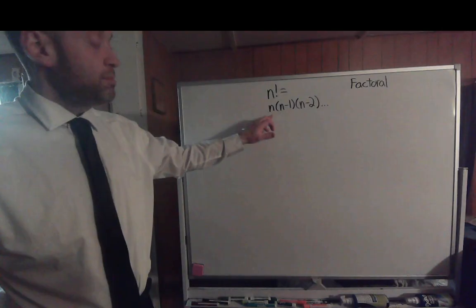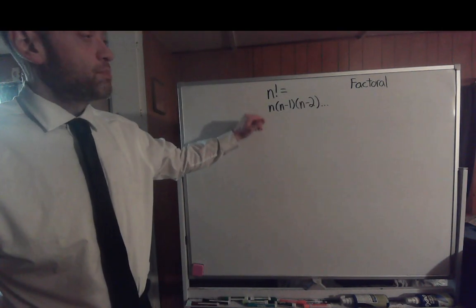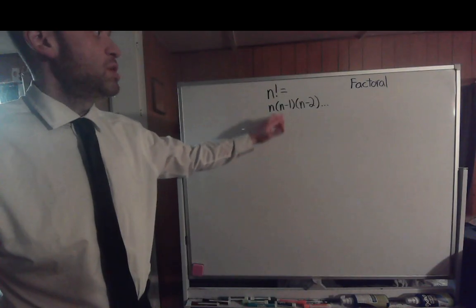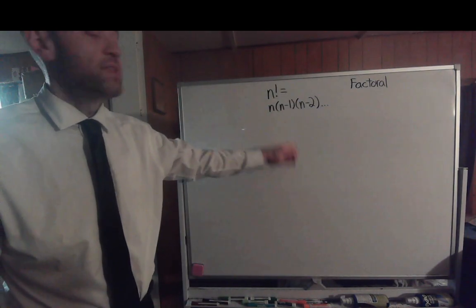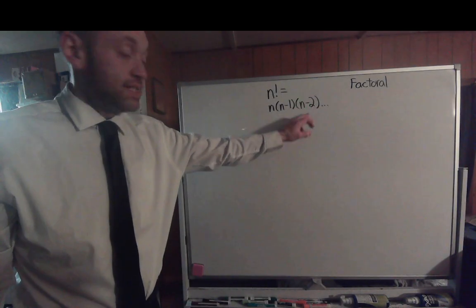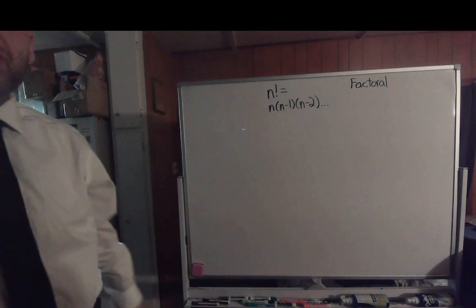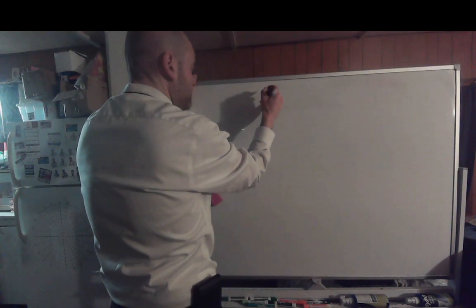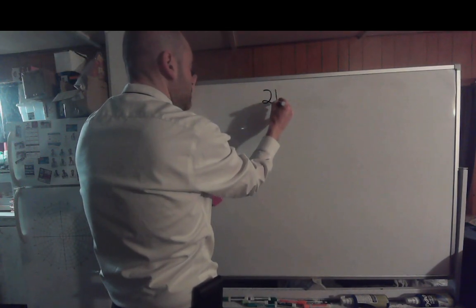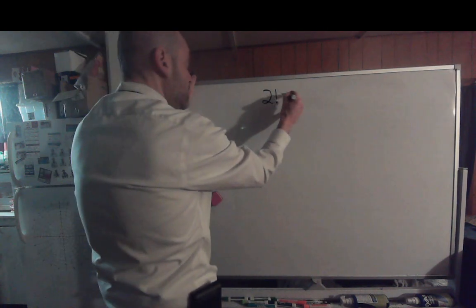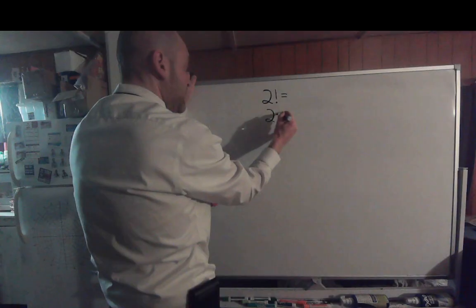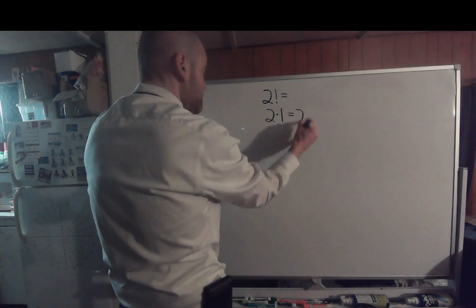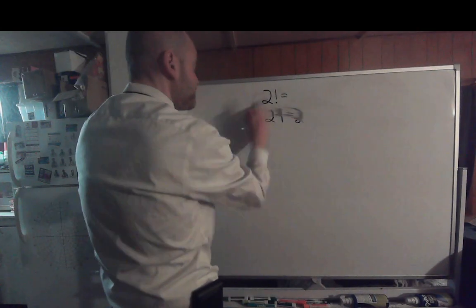You take the number itself, you start with the number to the left of the factorial sign, then you multiply it by one number less than that, then another less than that, and it keeps on going until you reach 1. So let's do some examples here. Let's say I have 2 factorial. Well, that's just going to be 2 times 1, which in this case is 2, right?